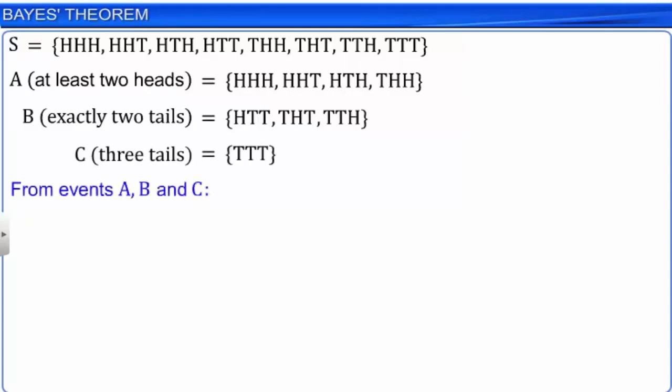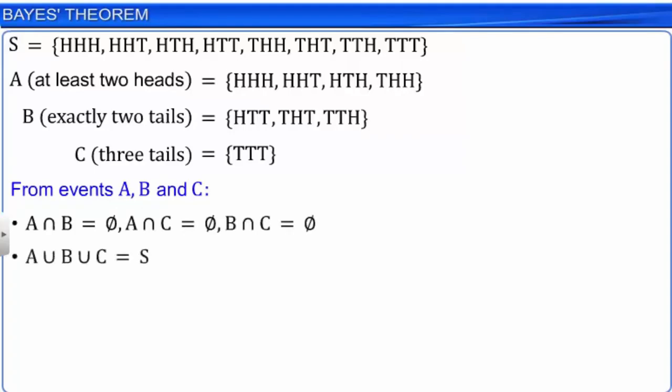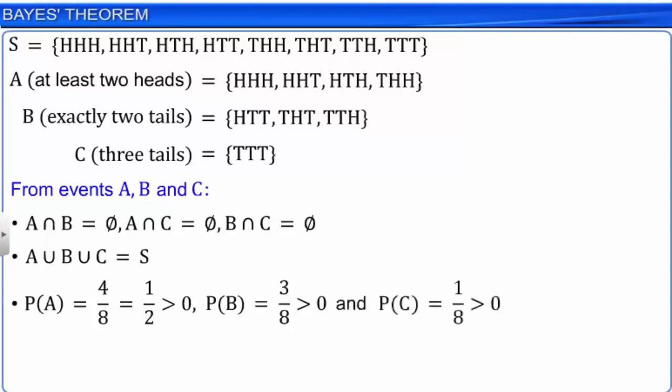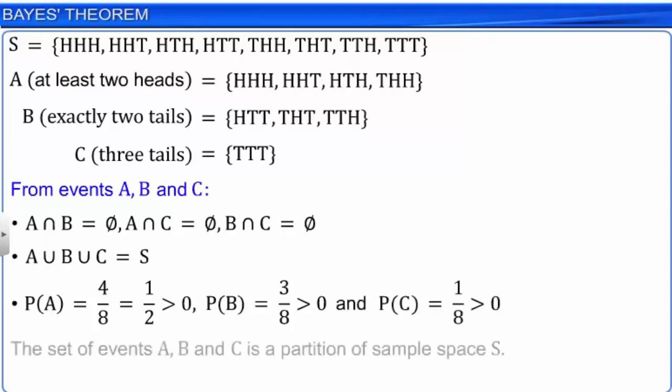From these 3 events, it is clear that events A, B, and C are pairwise disjoint, and the union of events A, B, and C is sample space S. The probability of event A is 1/2, event B is 3/8, and event C is 1/8. The set of such events A, B, and C of a sample space is a partition of the sample space.